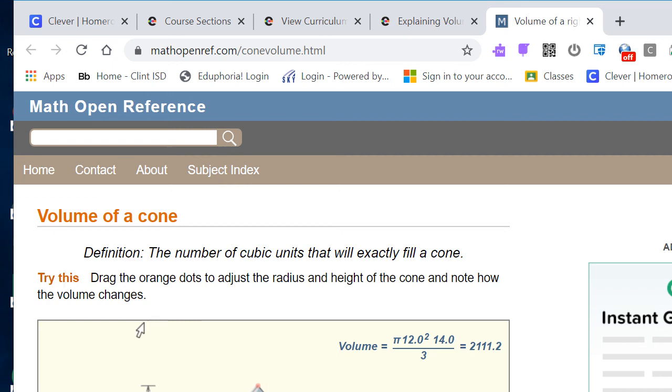Okay, very important that it's the same. Radius of 6, height of 11, okay, perfect, it matches my cylinder. And now the volume for this one is 414.7.